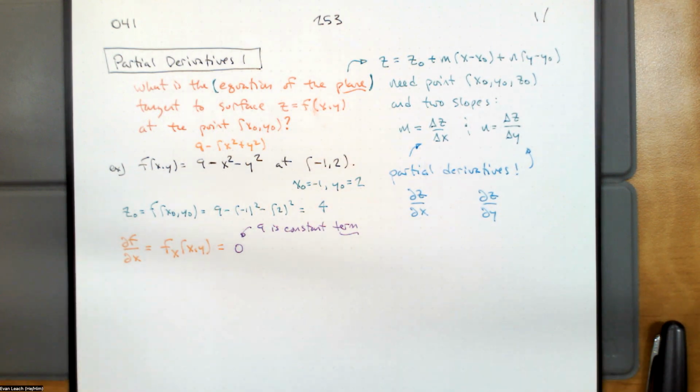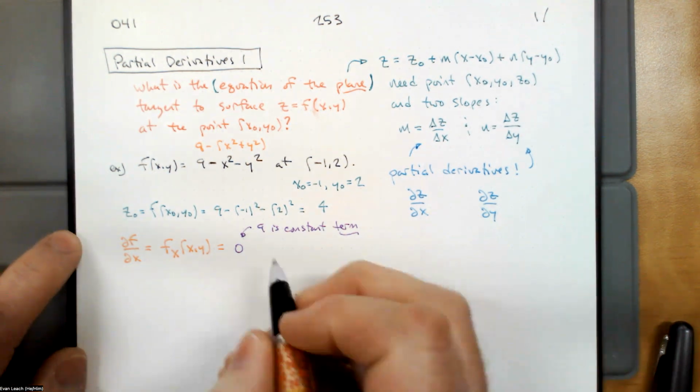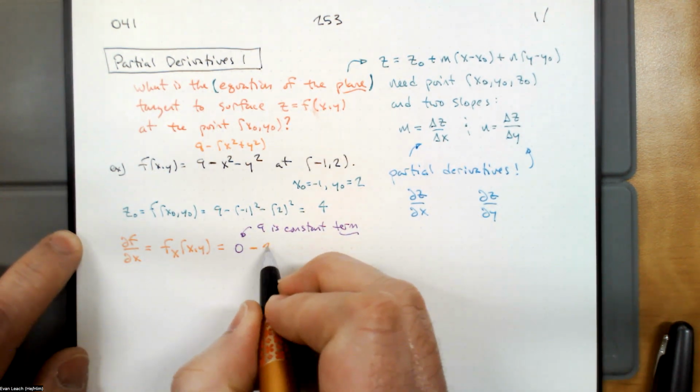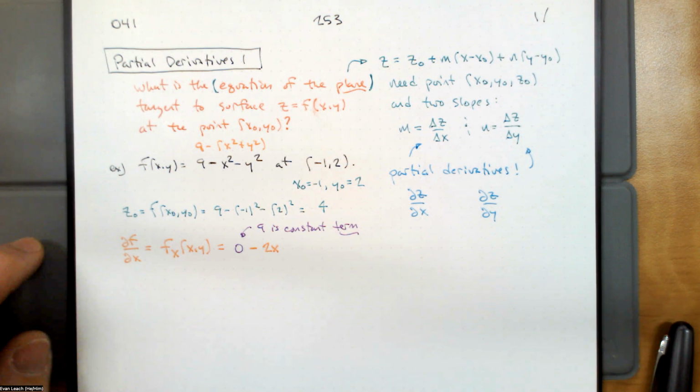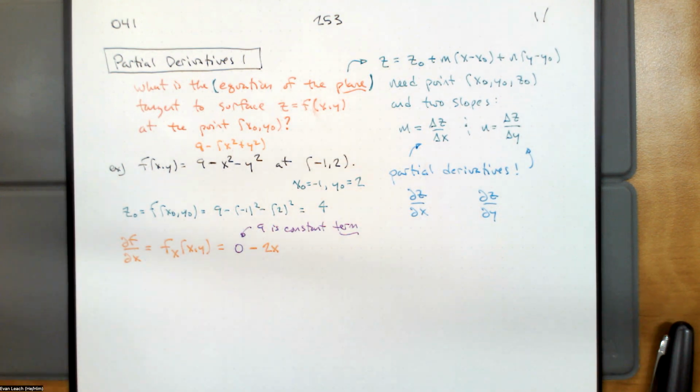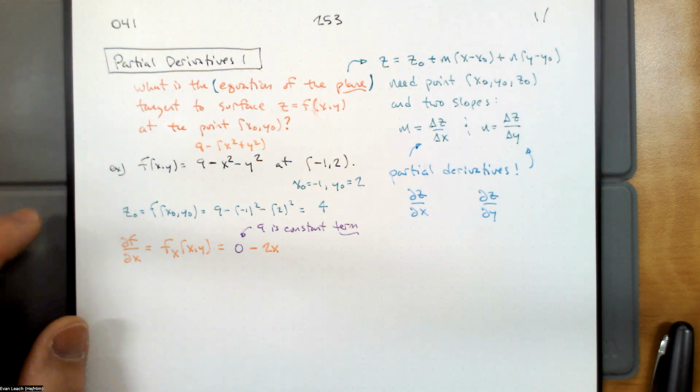The derivative of minus x squared with respect to x is just minus 2x. The derivative of minus y squared is 0. Y squared doesn't have any x in it, so it's not a variable term with respect to x. Y squared is a constant term with respect to x.